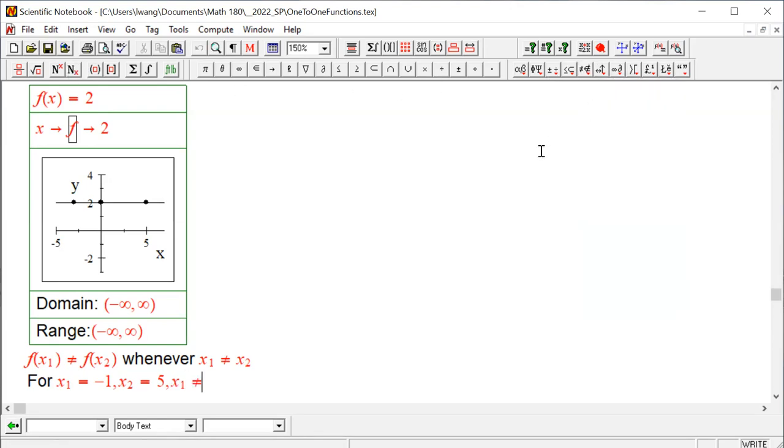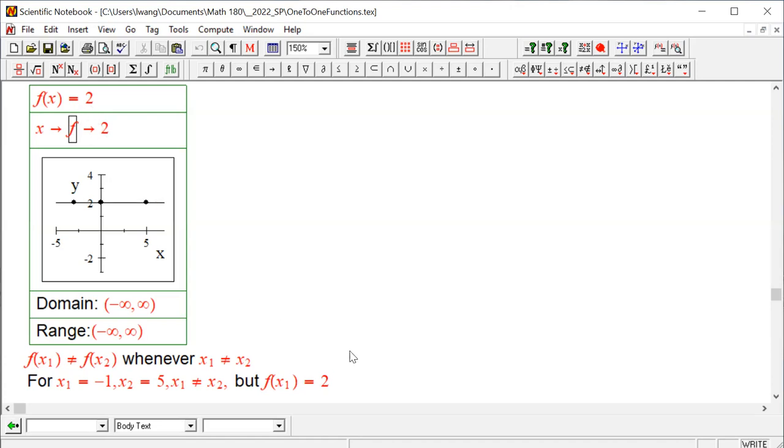These two inputs are not the same. But even though the inputs are not the same, their outputs, f of x1 equals 2.